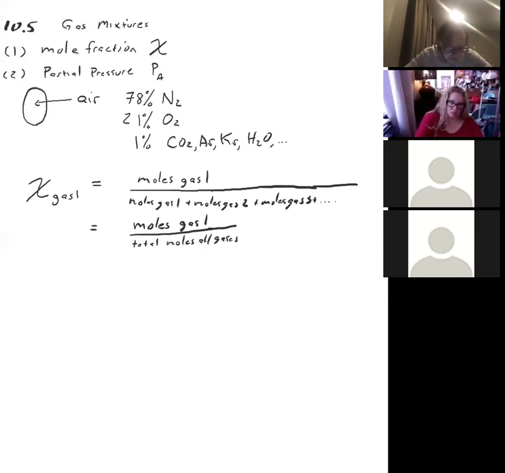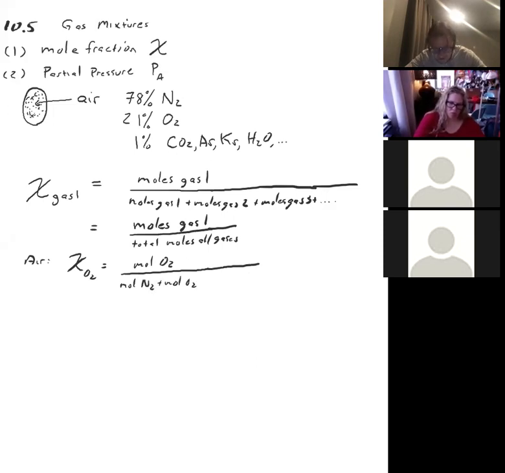Okay, so in this balloon, you have oxygen, you have nitrogen, carbon dioxide, argon, krypton, all these other gases. The mole fraction is calculated for each gas. So for air, the mole fraction of oxygen would be the moles of O2 over the moles of N2 plus the moles of O2.